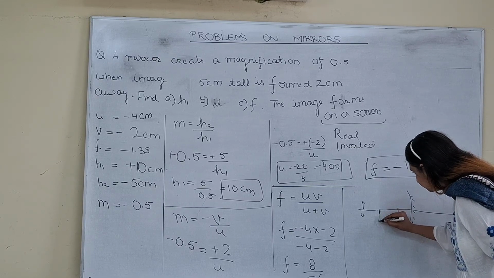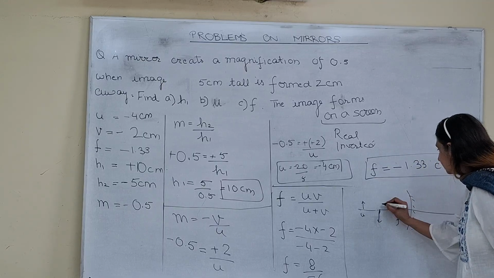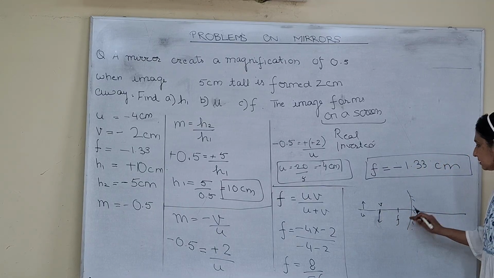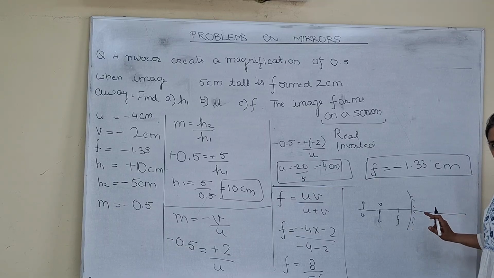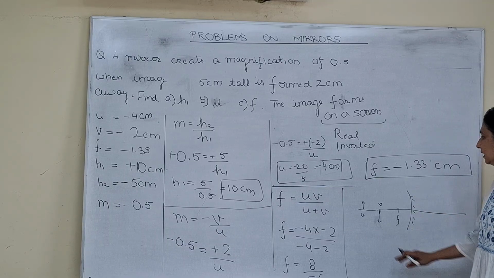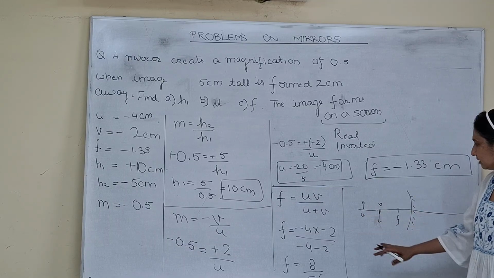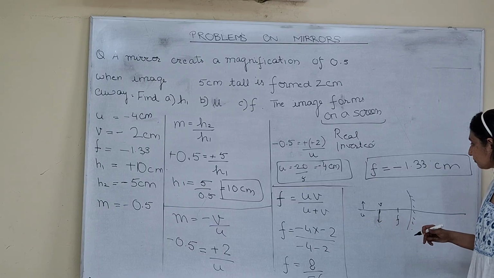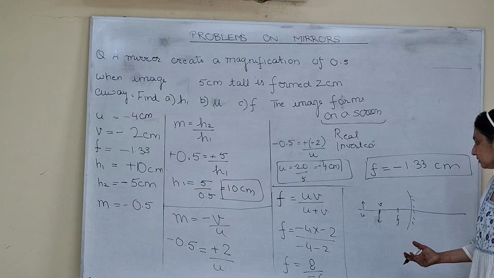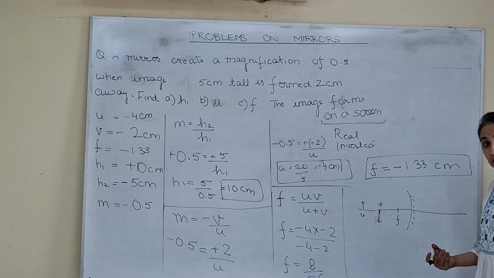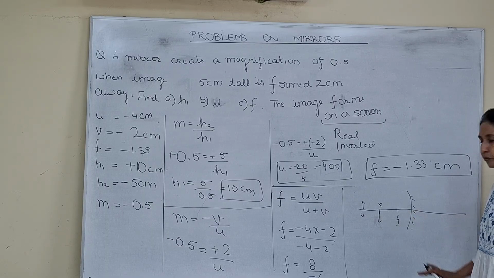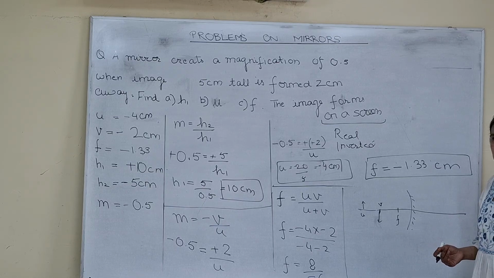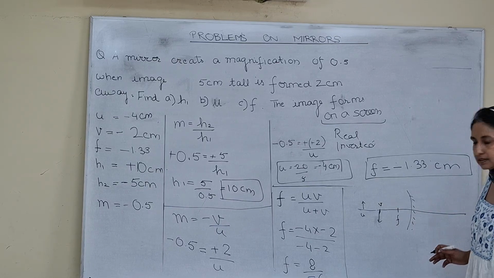So this will be V. So which case does it become? Is the object between focal length and pole? No. Is it at infinity? No. Is it between infinity and center of curvature? Could be. If this is 1.33, where is the center of curvature? It will be at 2.66.